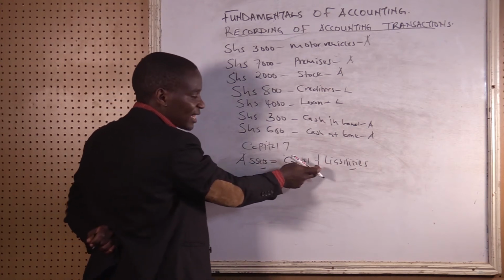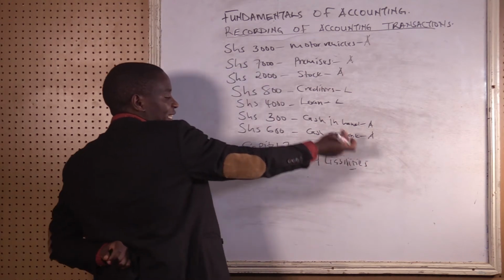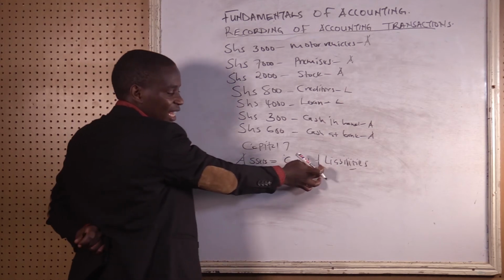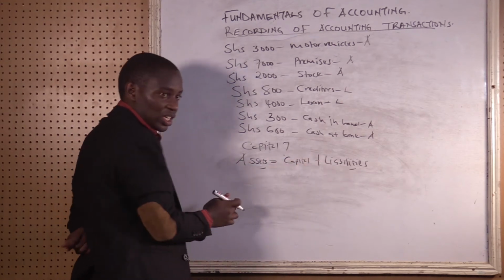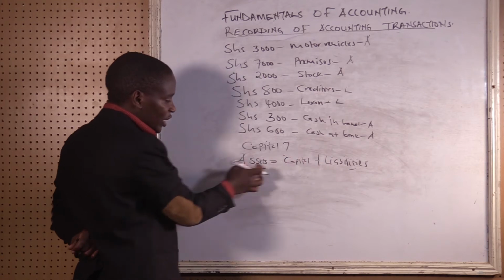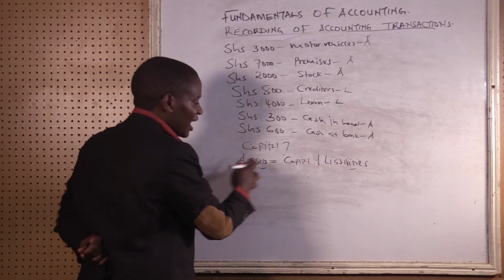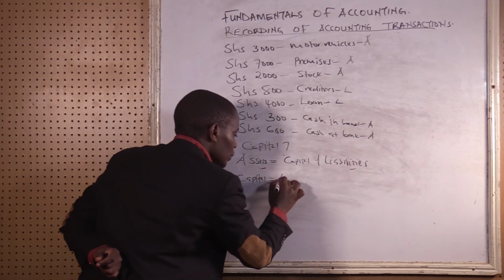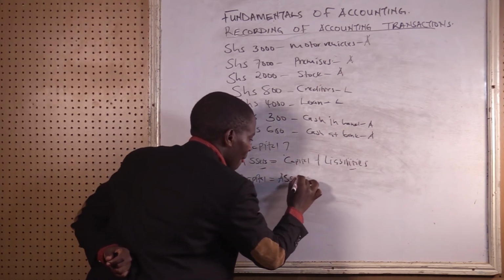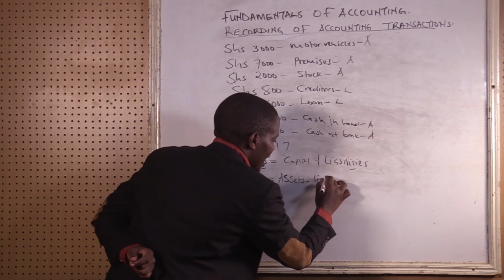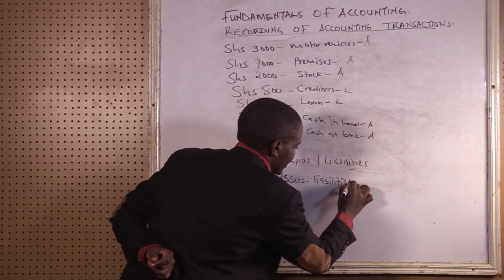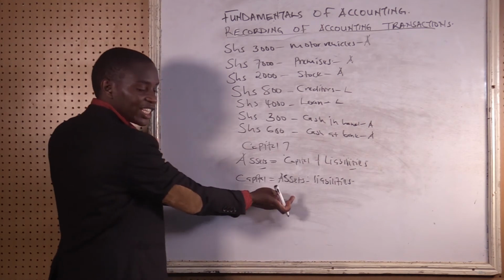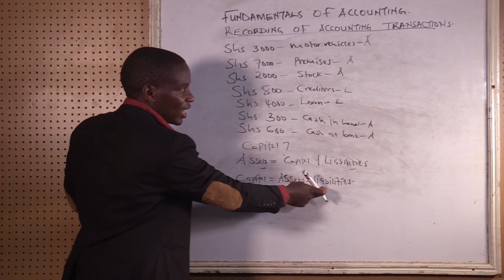When we take an item to the other side of the equation sign, the sign before that item changes. This one was plus, so it will change to minus. So we shall say capital is equals to assets minus liabilities.